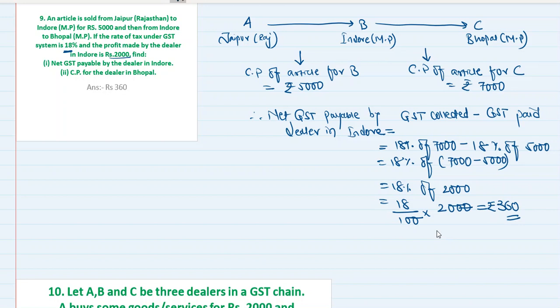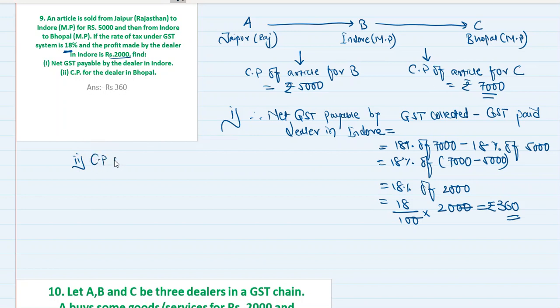Okay, what is the cost price for the article in Bhopal? That's the second question. So this is the first question, and the second question is the cost price for the article for the dealer in Bhopal. Okay, so see, the dealer in Bhopal is buying the article for rupees 7,000 but also paying a GST.